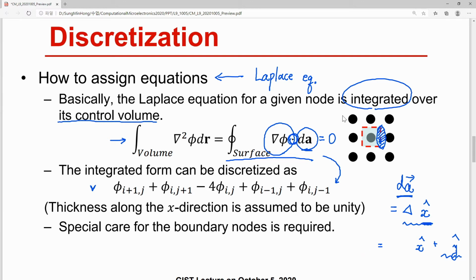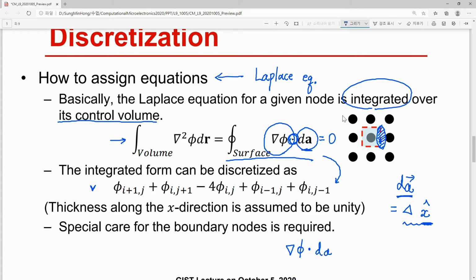So the important thing now is our gradient of phi dot dA just becomes the x-directional component of our gradient of phi multiplied by just delta.